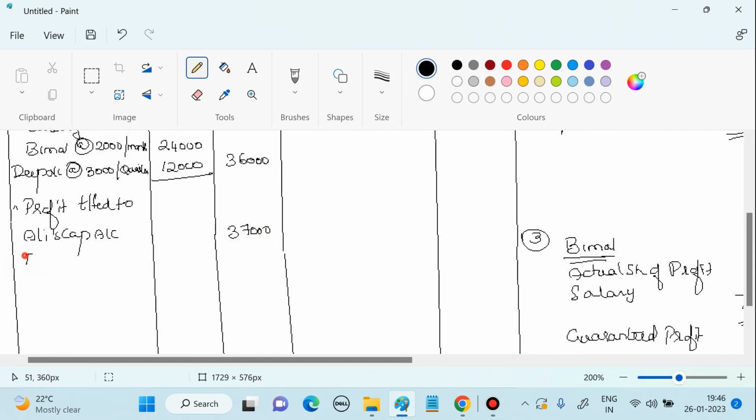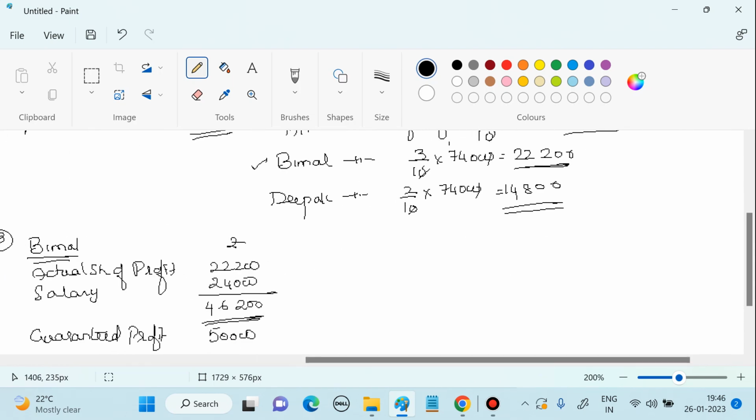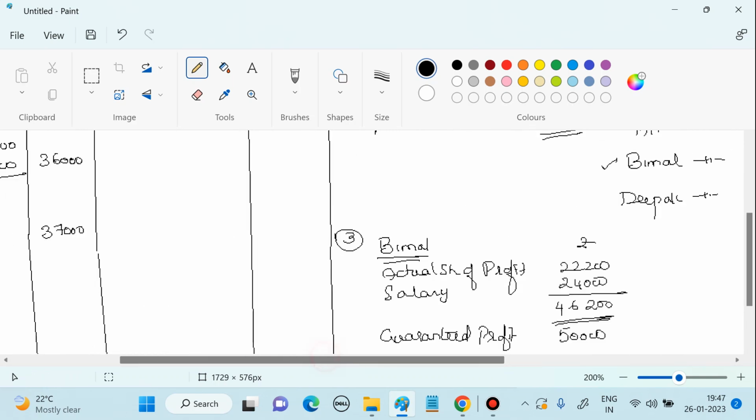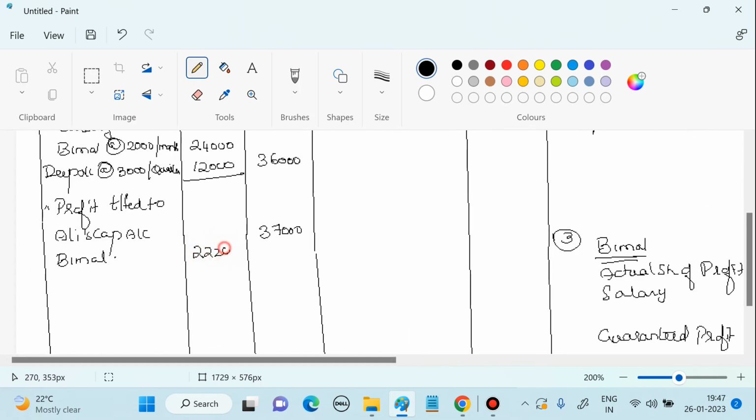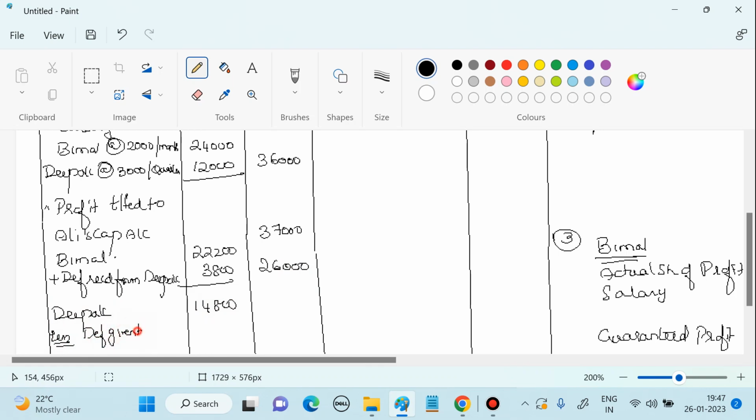Then to Bimal, his actual share of profit came to 22,200. So we write that. Add deficiency received from Deepak. Deepak is going to give that 3,800. So 26,000 he is getting. And Deepak's actual share was 14,800. From that he is giving deficiency given to Bimal.